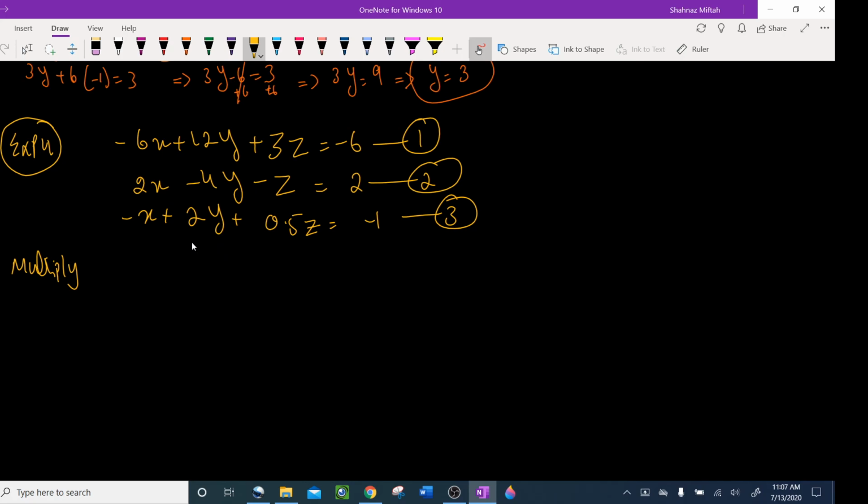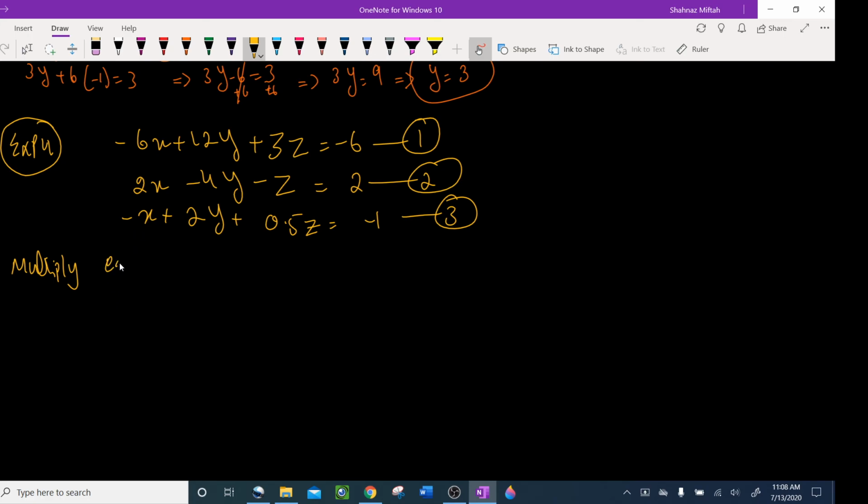For me, I always just try to get x if it's easy. If I multiply this equation by 2, then I'm going to get negative 2x, and x is going to eliminate anyway, so that was kind of easy for me. Or up here, to eliminate 1 and 2, you can multiply equation number 2 by 3. It's going to give me 3 times 2 is 6x, and you can do the rest of them like that. So that's why I picked 3.